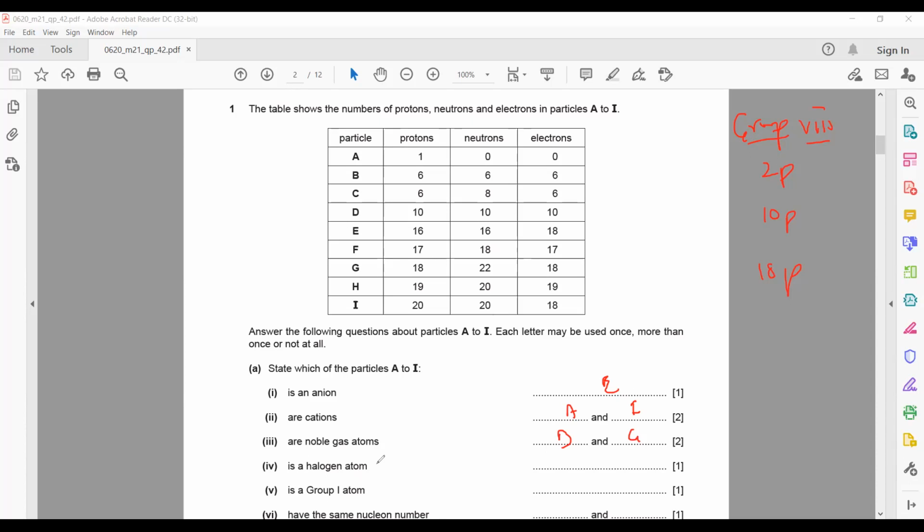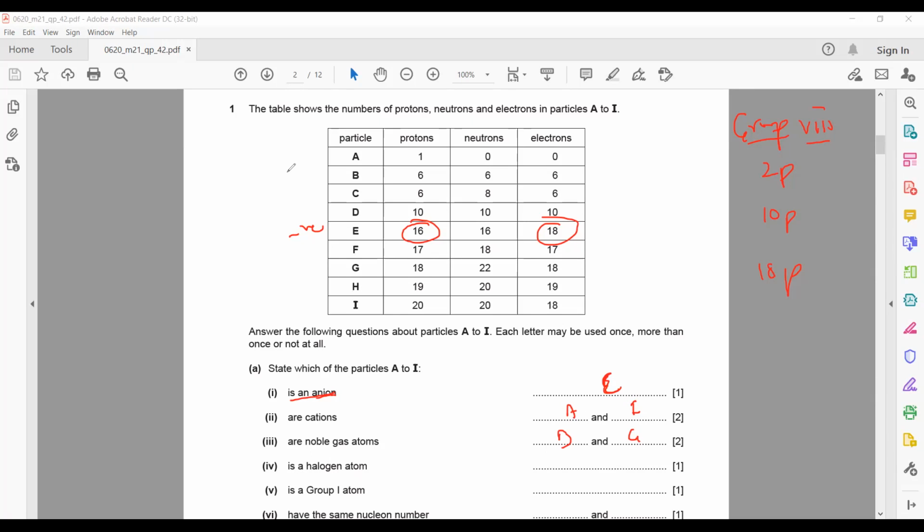Which one, Abdullah, you're saying? E is a negative ion, so E is the anion.